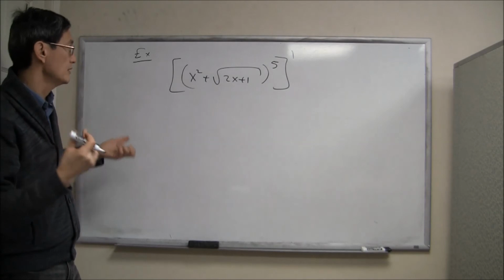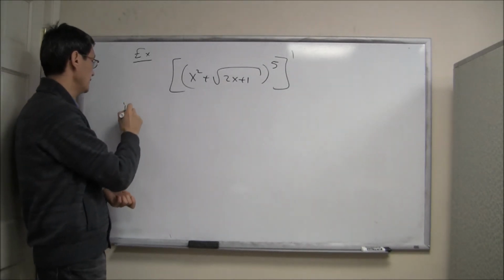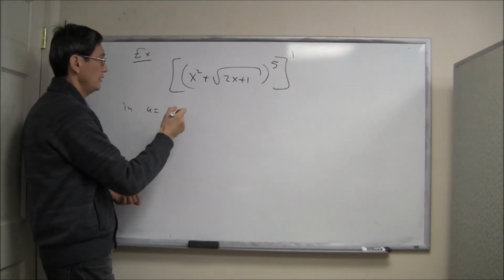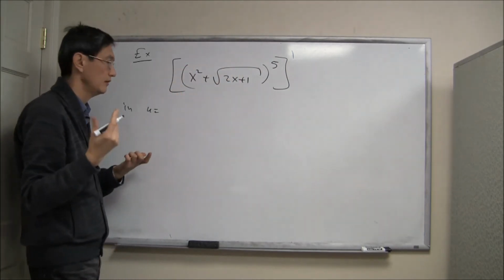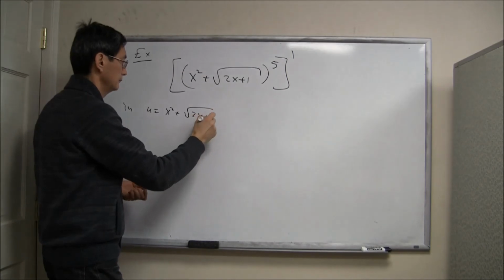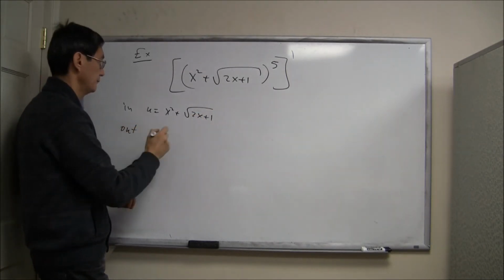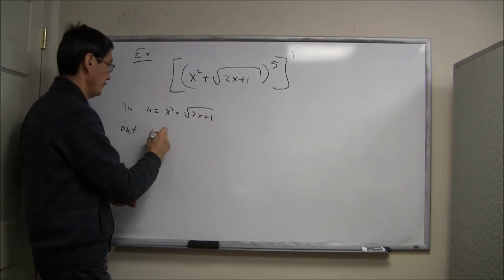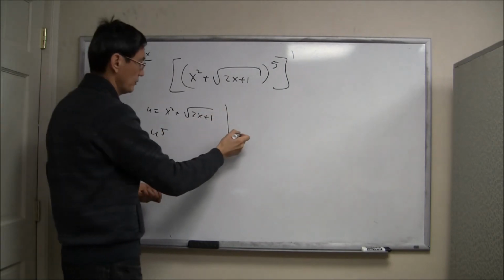So let's do chain rule. Let u be inside, usually a good candidate is the expression in parentheses. Outside, u to the 5th. Derivative of outside, not a big deal.